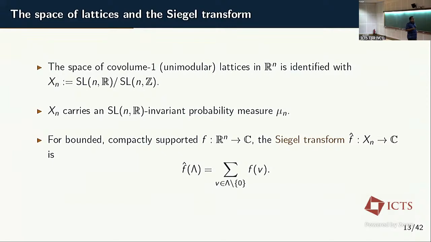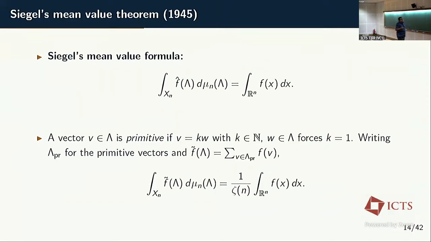So what we're interested in doing is, let me tell you why this comes up. Siegel proved a beautiful mean value formula around the 1940s or 50s, and it says the following. It says that if you take the Siegel transform of lattices and average over the space of lattices, so the space of lattices, as we have just seen, admits a probability measure. So integrate your function over the space.